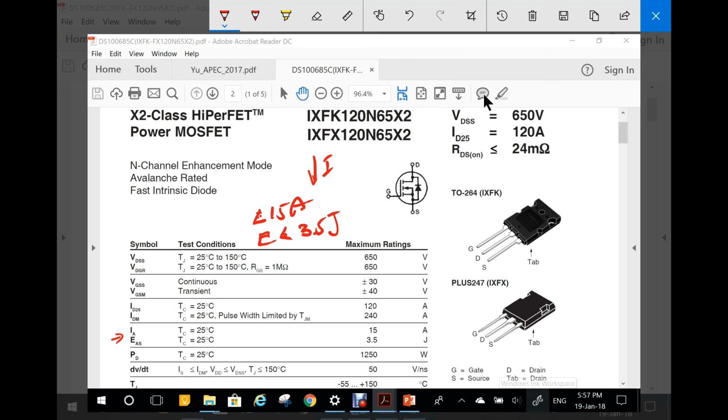So let's do a short calculation here. Suppose I have now a pulse, and a current of 15 amp is fed to the drain, since I've exceeded the maximum voltage. And my question is, how long can this be tolerated by this transistor?